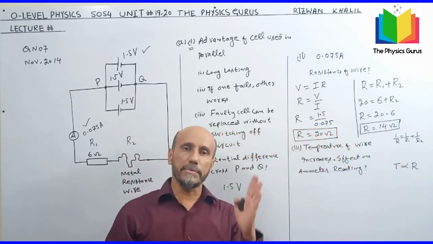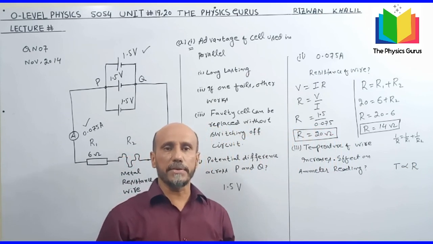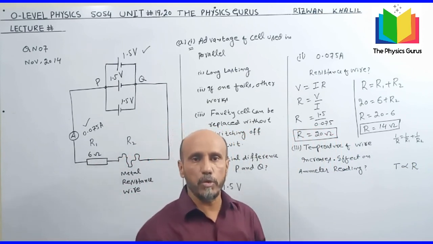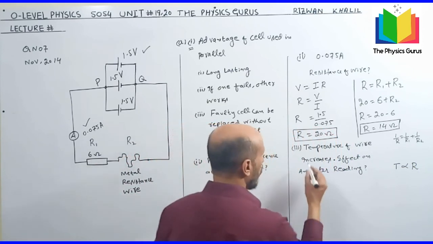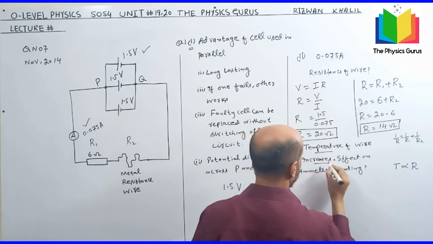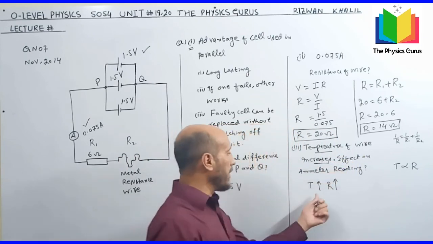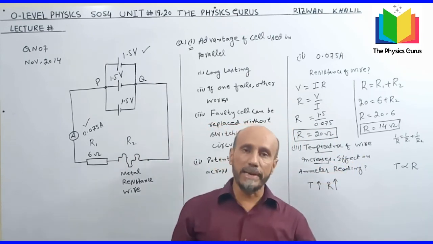When temperature increases, the resistance of the circuit increases, and when temperature decreases, the resistance of the circuit decreases. That is, both quantities are directly proportional to each other. So when temperature increases, obviously resistance increases. So you have to write down that complete sentence.